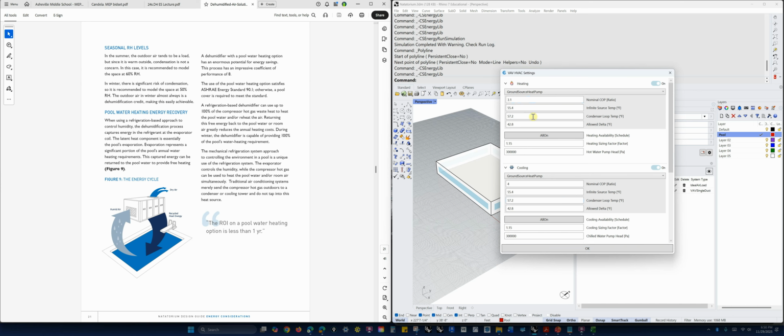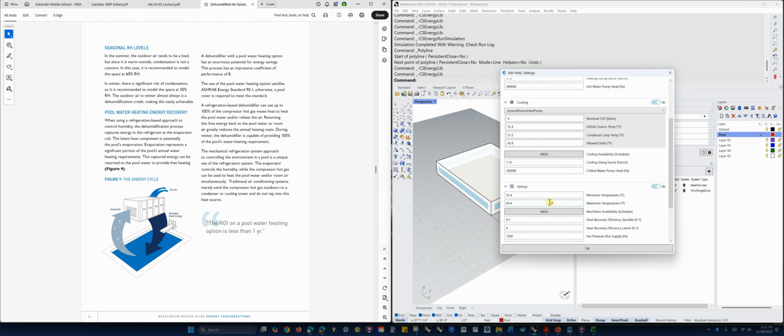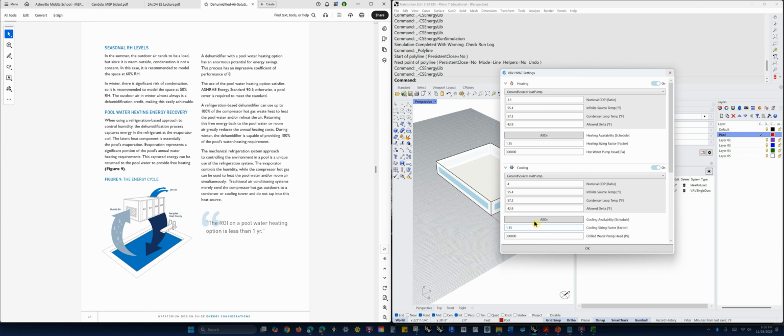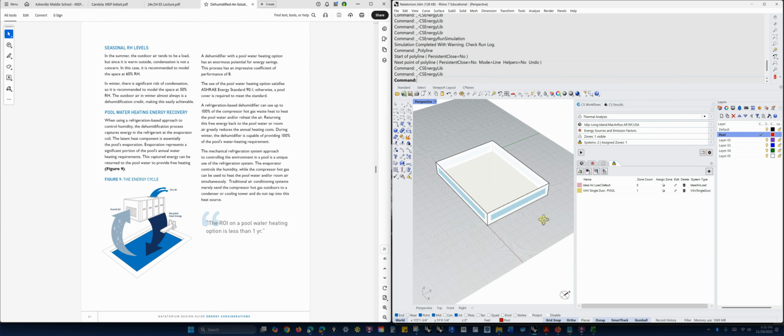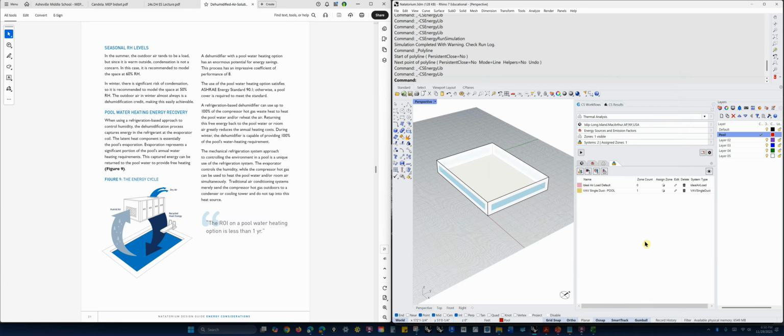And so, like I say, we could try a VRV system. We could do whatever we want, but we would want to make these same adjustments to the energy recovery if we had a different mechanical system. So what I've done here is set up custom templates for the pool, for space use, for construction, and for a mechanical system, that allow me to differentiate it from other zones.